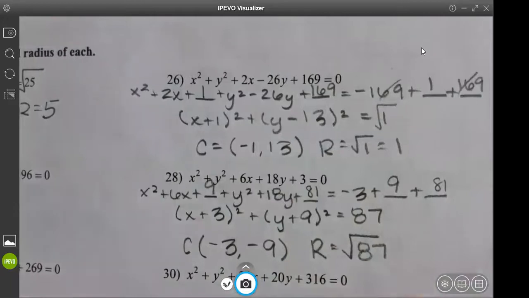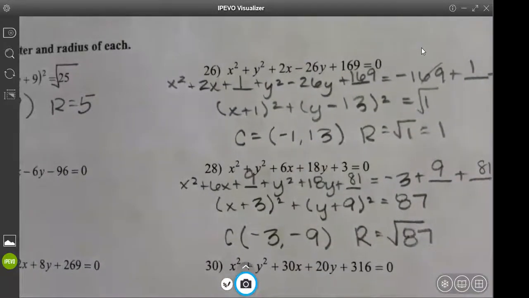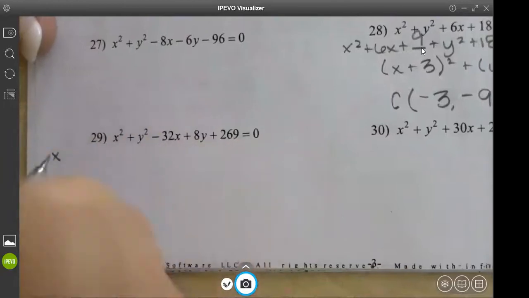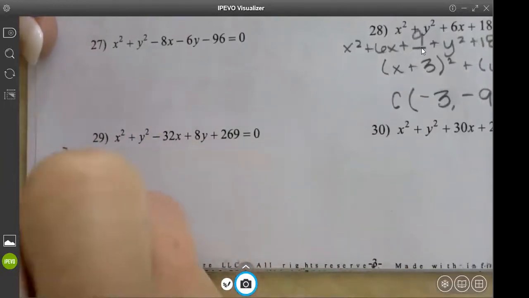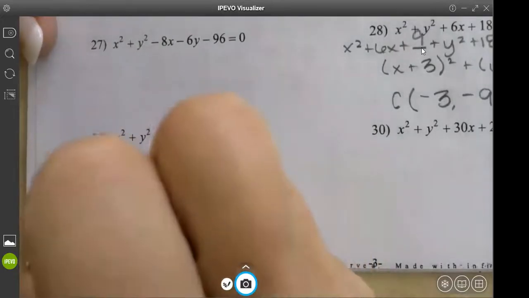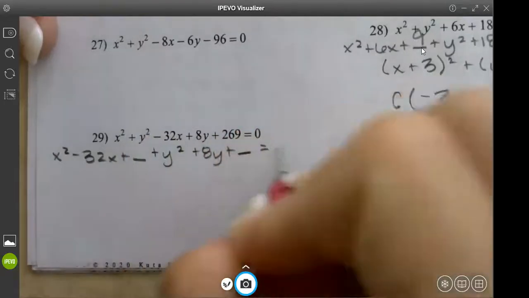We're going to go to number 29. Okay. We're going to put our x's together, x squared minus 32x with a blank, y squared plus 8y with a blank.